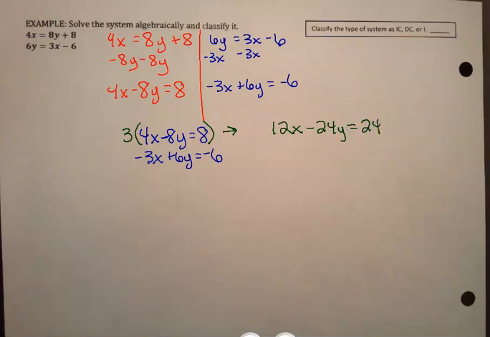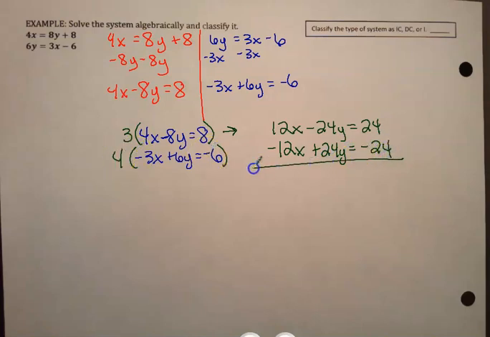On the next one, I'm going to multiply by 4 because I want a negative 12, so my 12s would cancel. Okay, so 4 times negative 3x is negative 12x. 4 times positive 6y is positive 24y. And 4 times negative 6 is negative 24. You're probably already seeing some things like, oh my gosh, again.